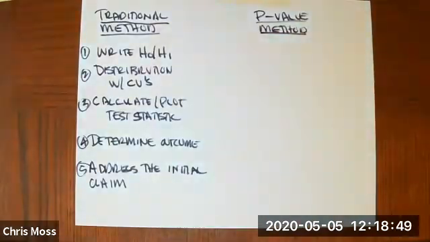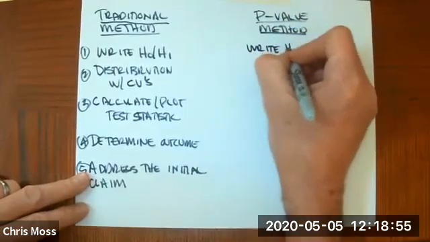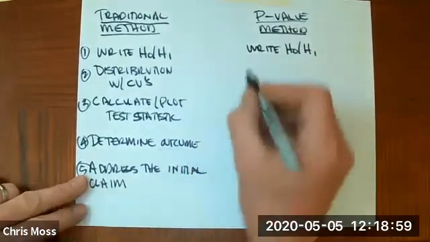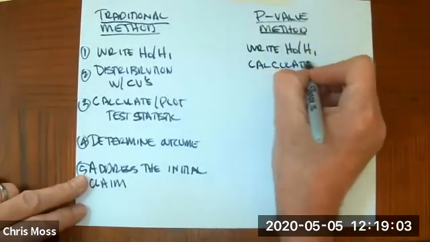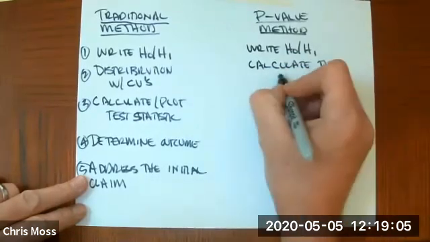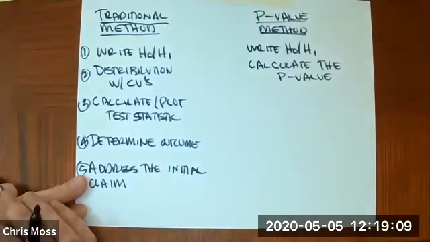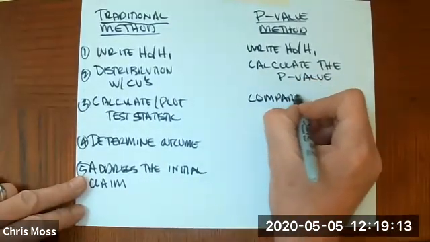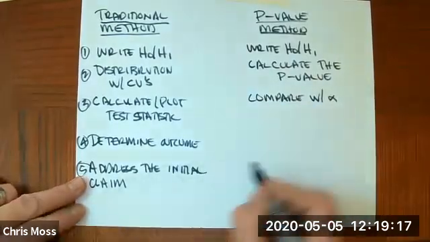Now, if we take a look at the p-value method, here's what we're going to do. We're going to write the null and the alternative hypothesis. We're going to calculate the p-value. I'll compare that p-value with alpha.